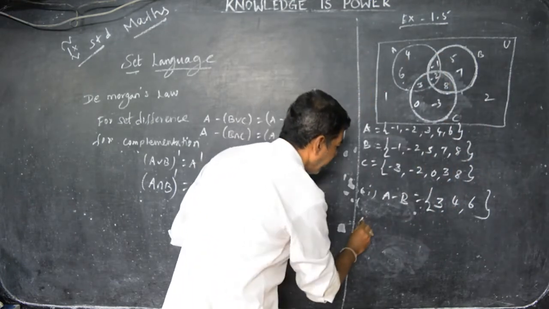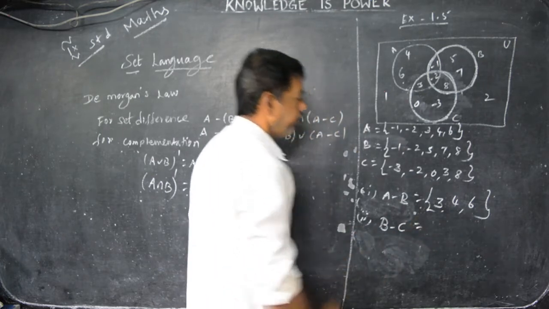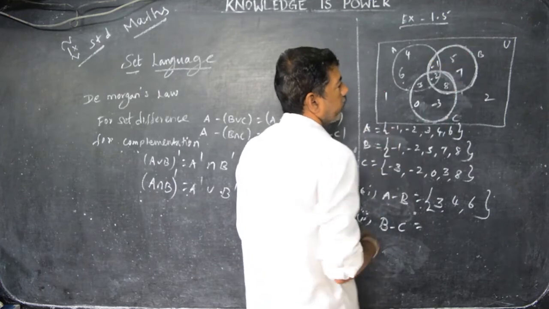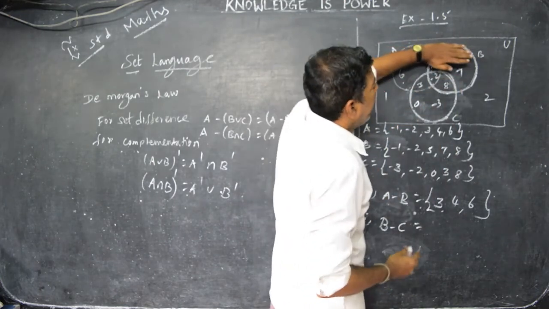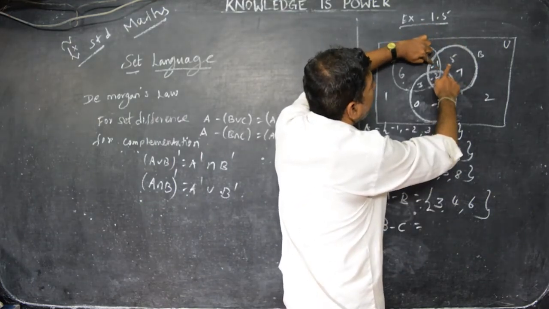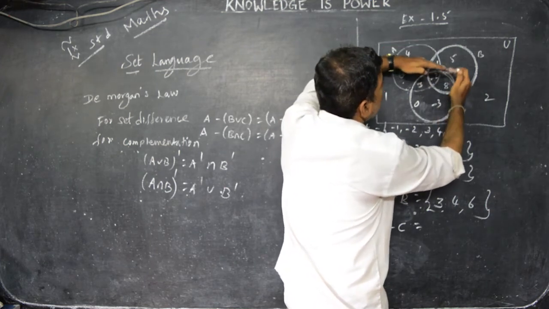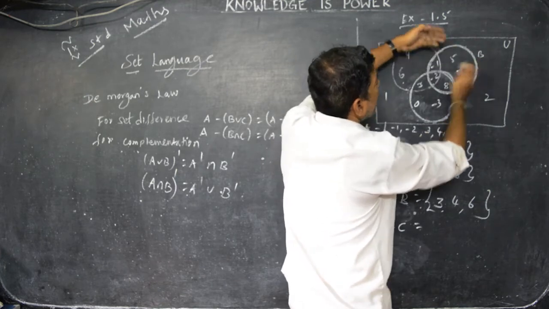In the same way, second question, B minus C. Now this is B, minus C. Bல C மைனஸ் பண்ணு. அப்போ மீதி என்ன இருக்கு? -1, 5, 7. இந்த 3 நம்பர் இருக்கு. அதாவது C விட்டு வெளியில Bல இருக்கிறது.